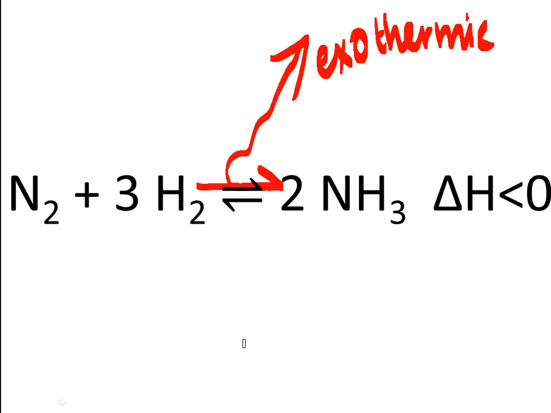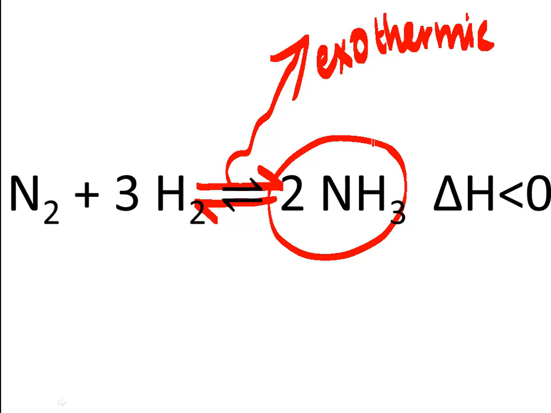Eventually, a new equilibrium will be reached, where both forward and reverse reactions are at the same rate as one another, but since temperature also changes the Kc value, at the new equilibrium, the reaction is going to lie more to the right than what it did before, so the yield of ammonia is going to be greater. So cooling the system down shifts the equilibrium to the right, increases the rate of a forward reaction, increases the yield of ammonia.